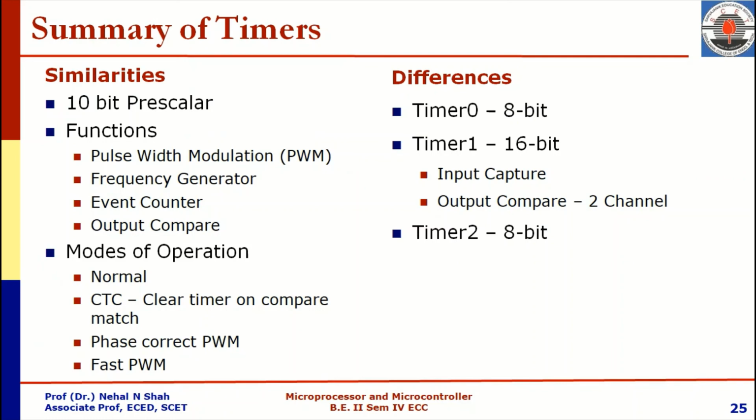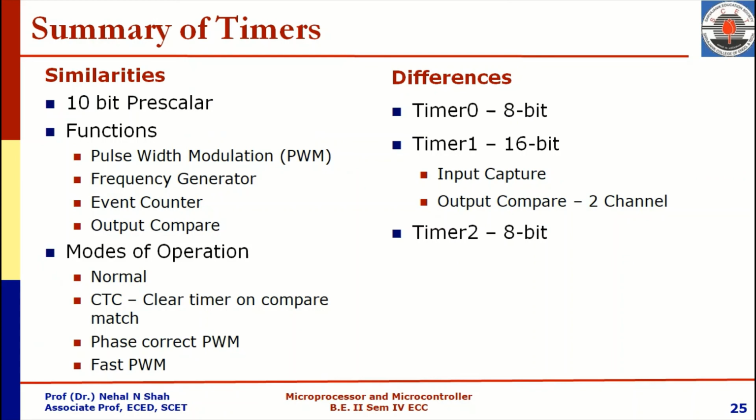In addition to this major similarity, they have certain minor differences. Timer 0 and timer 2 are 8-bit timers, but timer 1 is a 16-bit timer. Timer 1 can work as 2 different 8-bit timers also.